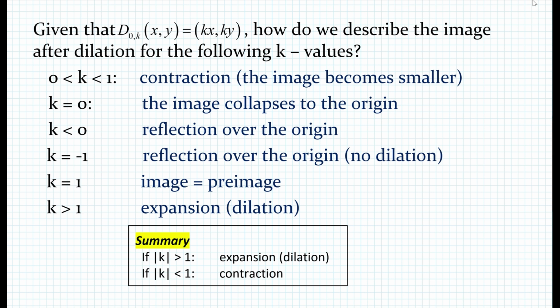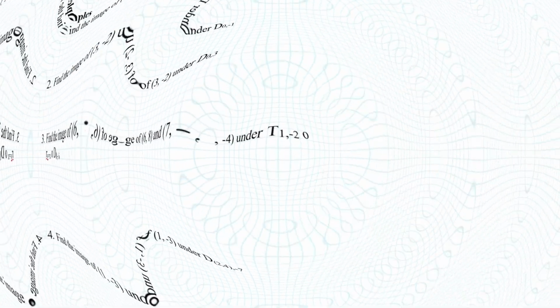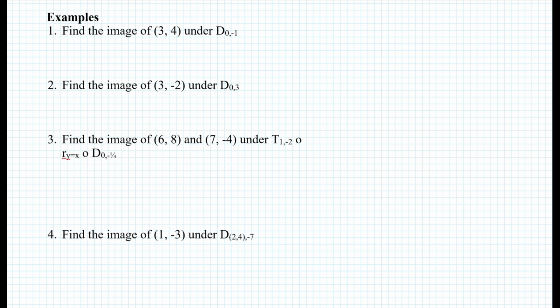So let's look at an example now, how we can apply dilations to images. The first example here says find the image of (3, 4) under the dilation of the origin by a k factor of -1. So the first thing you want to do is write it in the correct notation here. So we write dilation over the origin by -1 of (3, 4).